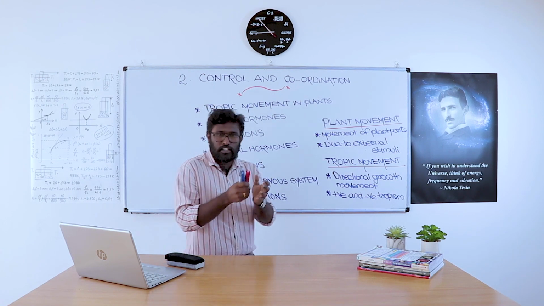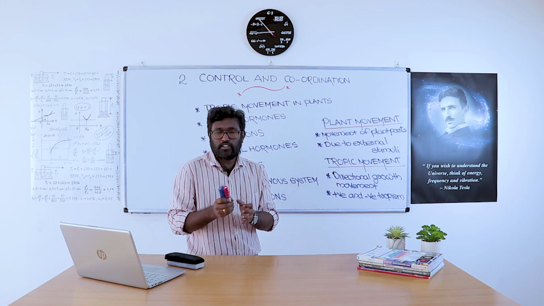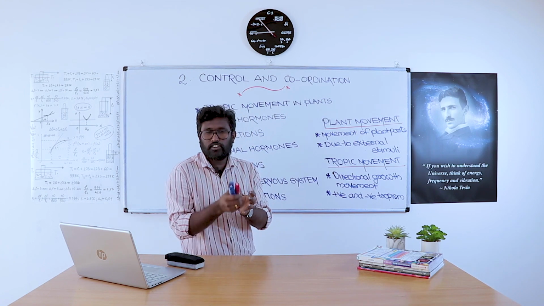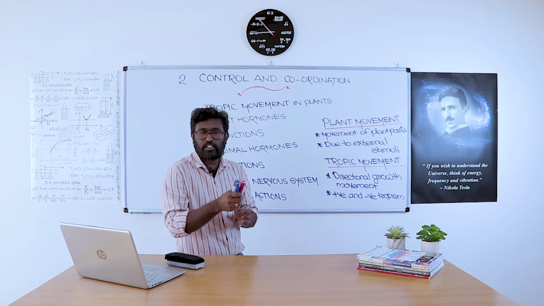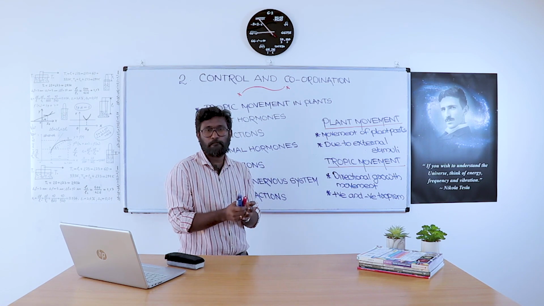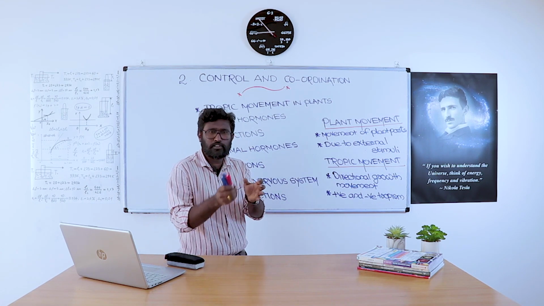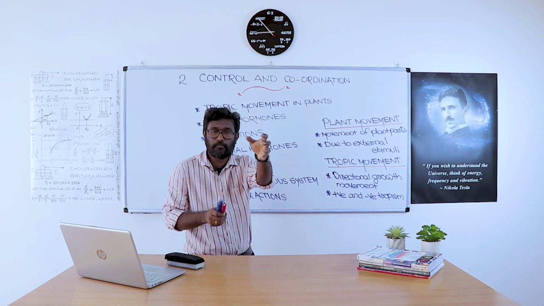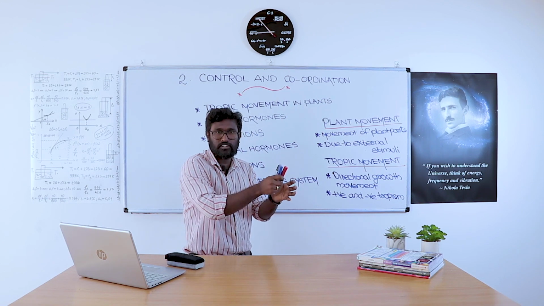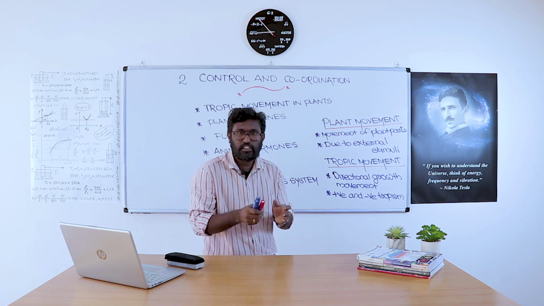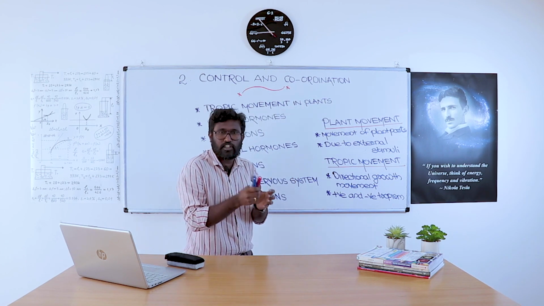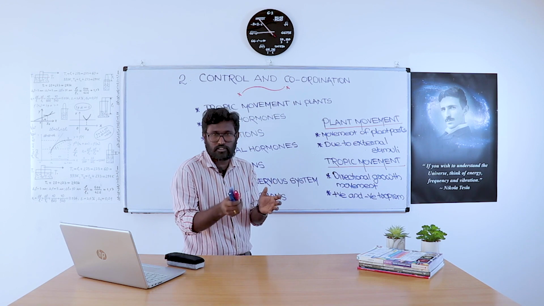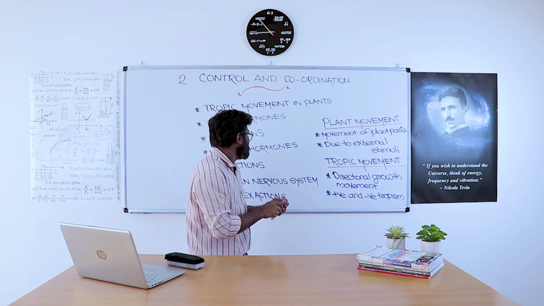If there is a change that occurs in the universe, and the plants and animals respond to it, then that change is responsible for the reactions. That change is simply called a stimulus, or otherwise stimuli.